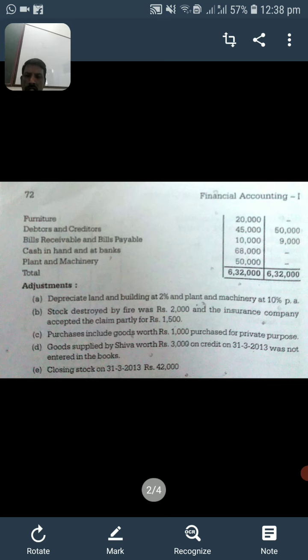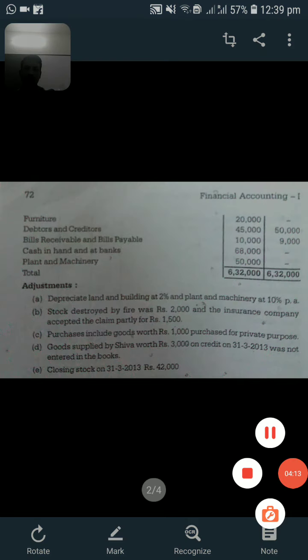Whatever the goods which are supplied by Shiva for rupees 3,000 was not entered in the books. Last adjustment, that is closing stock on 31st March 2013 rupees 42,000.